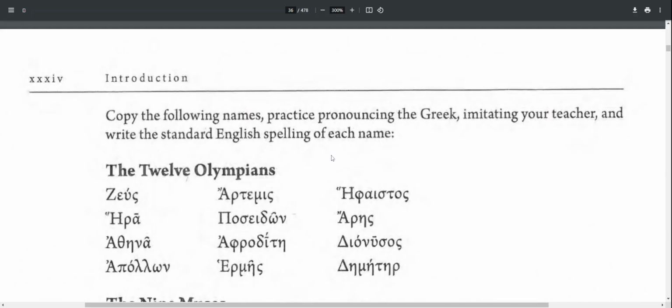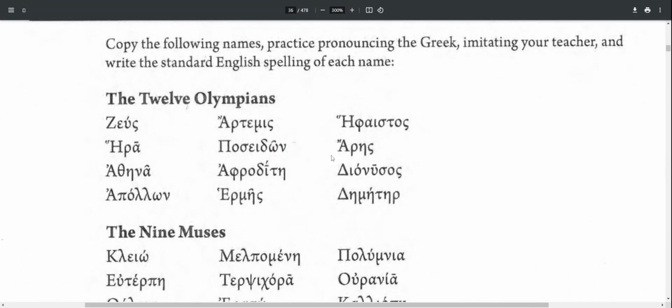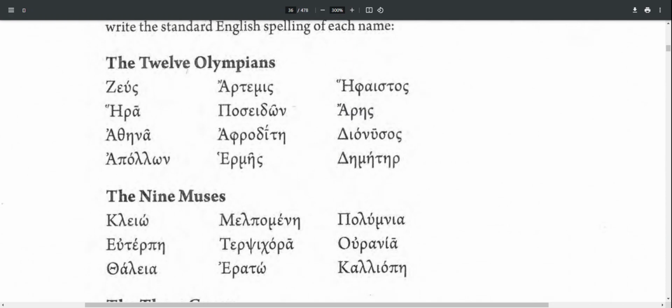Here you have some other words. The 12 Olympian gods: Zeus, Hera, Athena, Apollon, Artemis, Poseidon, Aphrodite, Hermes, Hephaestus, Ares, Dionysus, Demeter.